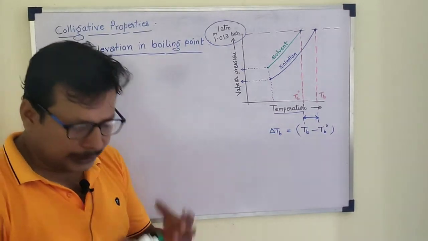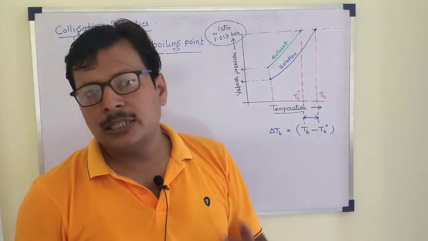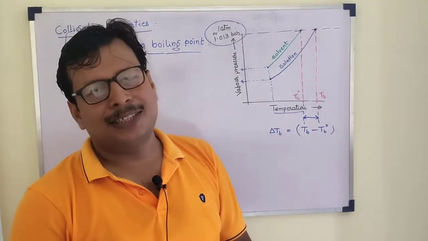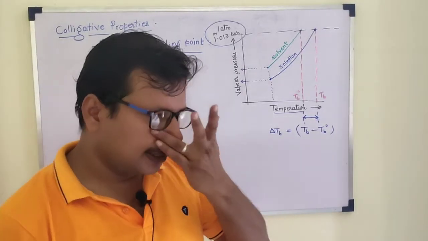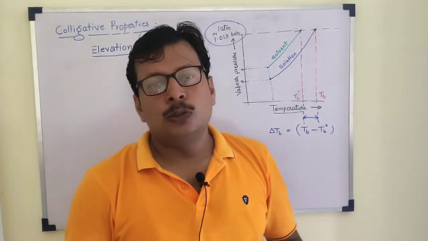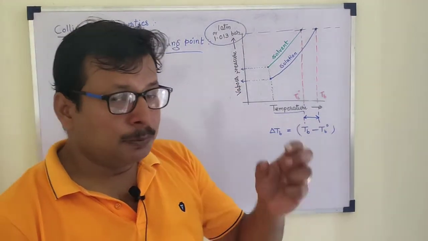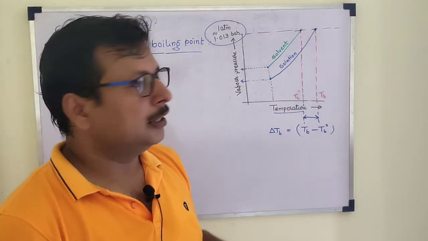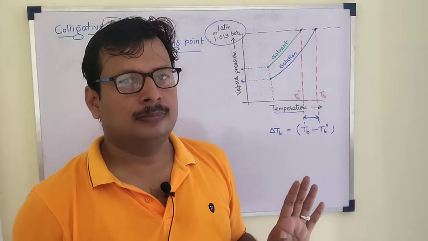In your daily life, if you measure the boiling point of water with a thermometer, it will come to 100 degrees Celsius, or in Kelvin you can say 373.15 Kelvin. But if you add some amount of sugar or salt in the same boiling water, the boiling stops.